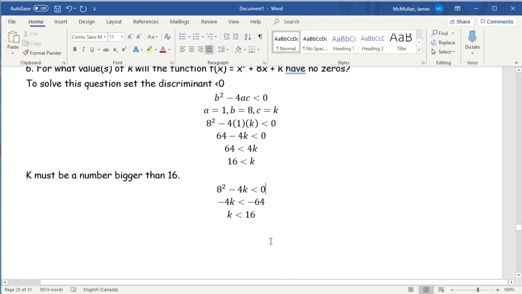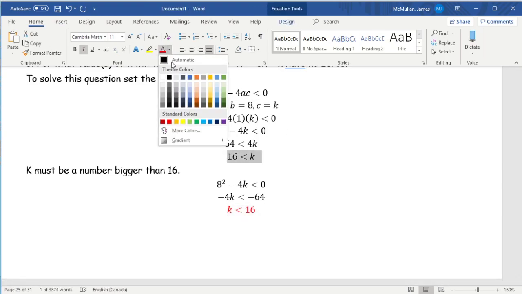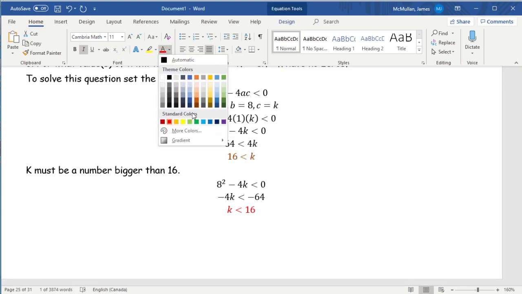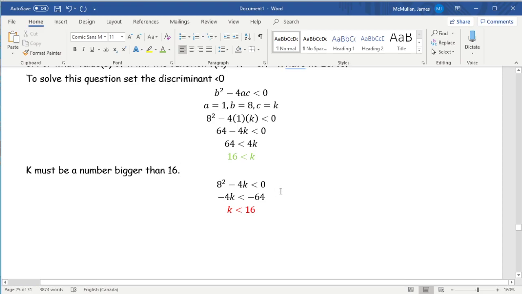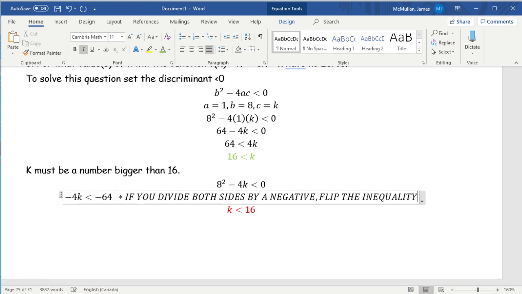But this is wrong, right? K is not supposed to be less than 16. K is supposed to be bigger than 16. So we messed something up here, and there's a mistake right here. The mistake is that if you divide both sides by a negative, you must flip the inequality.